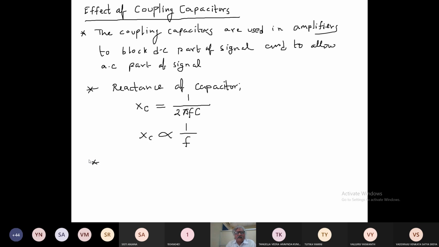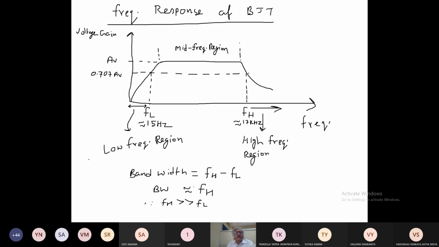Now if you see this frequency response, this region from the mid frequency region towards the high frequency region, here the frequency is somewhat higher as compared to the low frequency region. So if we are having higher frequency, does the coupling capacitor offer high resistance or low resistance?